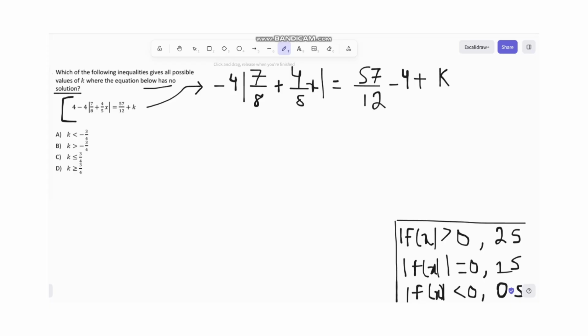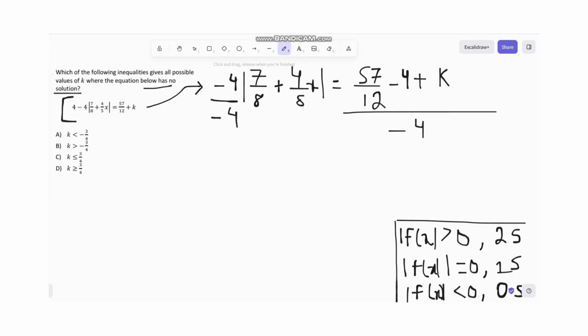Now we also want to get rid of this minus 4 so that we only have this term left in our absolute value condition. So for that reason, I can divide by negative 4 on both sides. So in this case, we have negative 4 over negative 4 equals, then here I'll divide by negative 4.